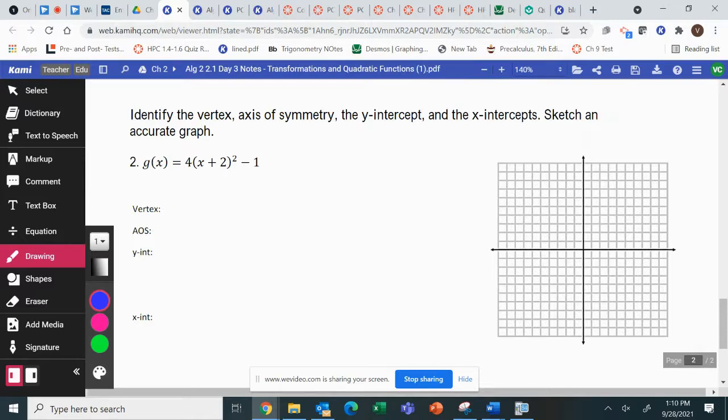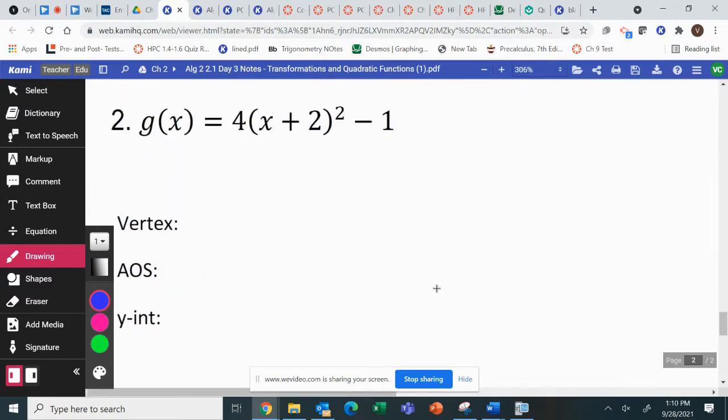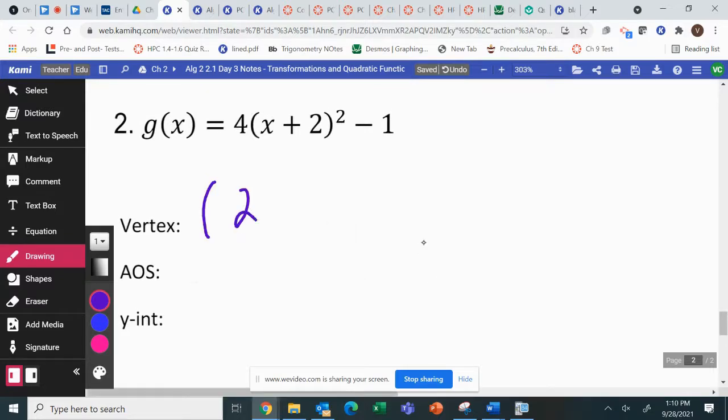All right, so number 2, first thing we need to do is, what is the vertex? I'm going to call on people though. Jacqueline. This is what I heard. I don't know if this is what you said.